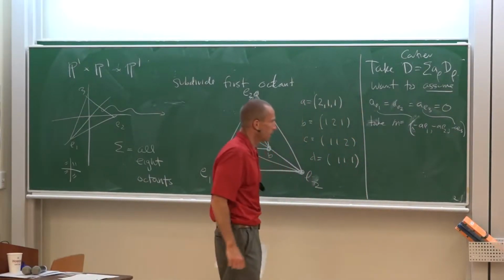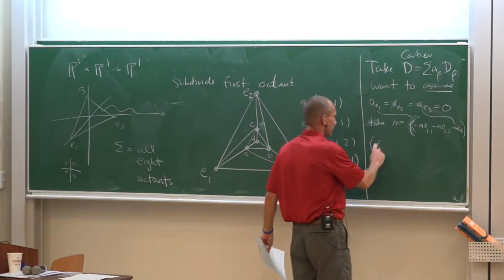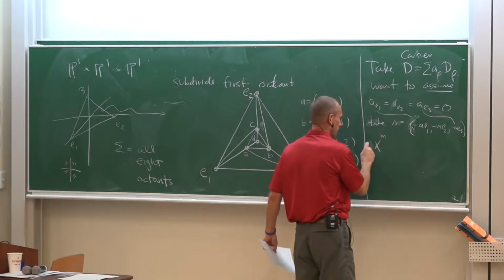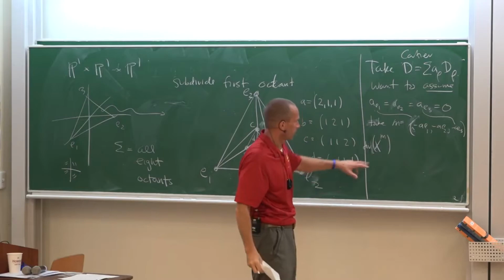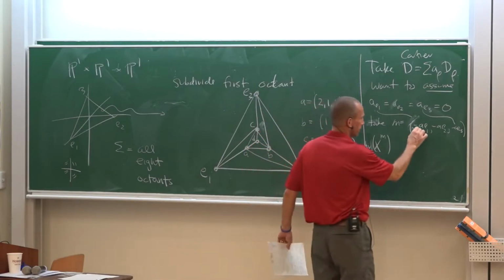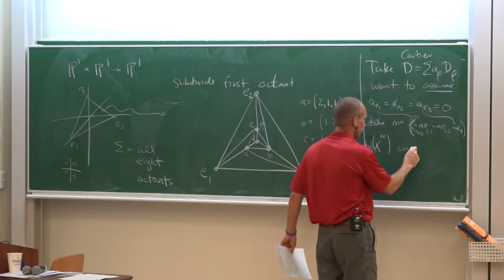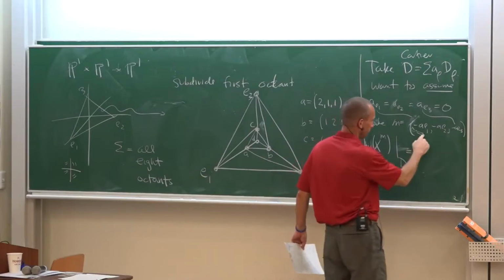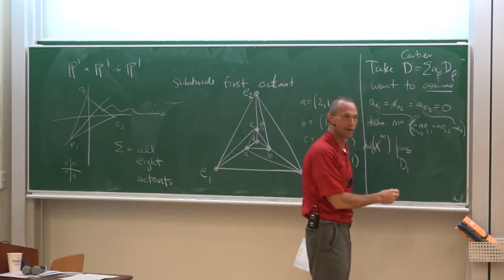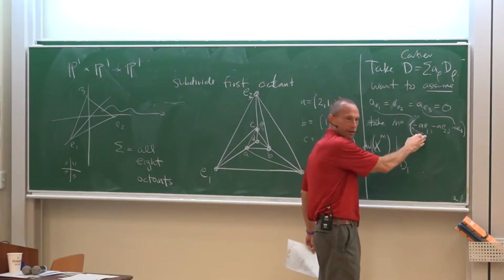And so the point is that now, what's the divisor of chi of m? Well, the divisor of chi of m, when I look at the coefficient on D1, restricted to D1, is exactly going to be minus a_E1. That's exactly how we get it.